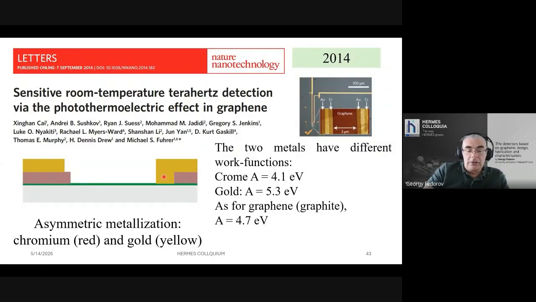By bringing it in contact with gold, which has a bigger work function, you dope it with holes, so you p-dope this end of the graphene sheet. The doping in between is defined by the gate voltage and by whatever atmosphere it's exposed to. So this asymmetric doping can have some resemblance to a p-n junction, because here is p-doped, here is n-doped.